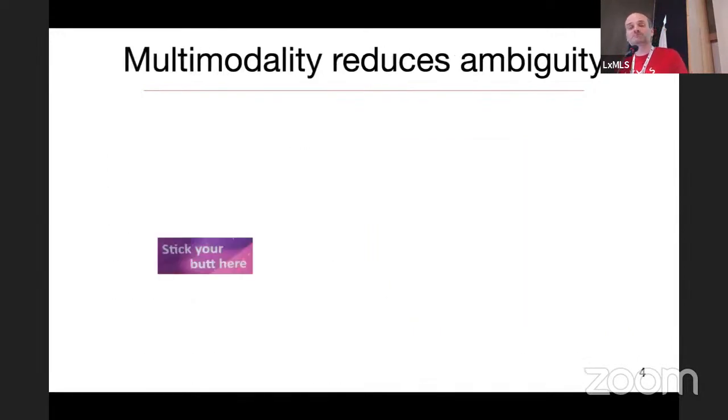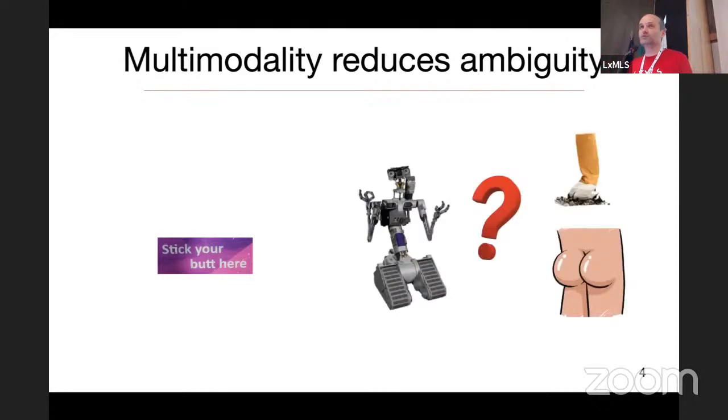And from a more pragmatic perspective, multimodality can help to reduce ambiguity. This sentence here is ambiguous in isolation. And if you were a state-of-the-art robot, you may be confused about what the instruction is.